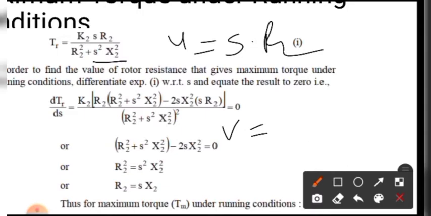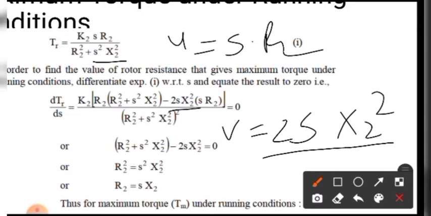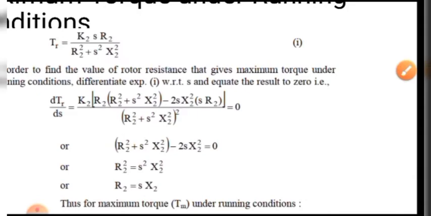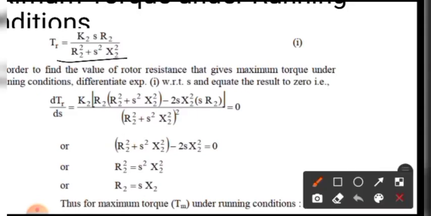So the derivative of V is 2S X2², divided by V², that is (R2² + S² X2²) whole squared.